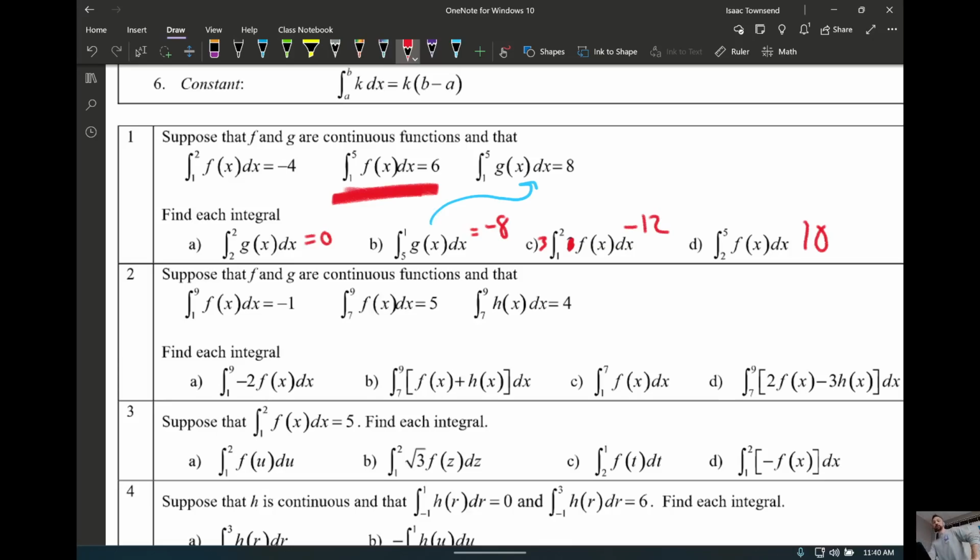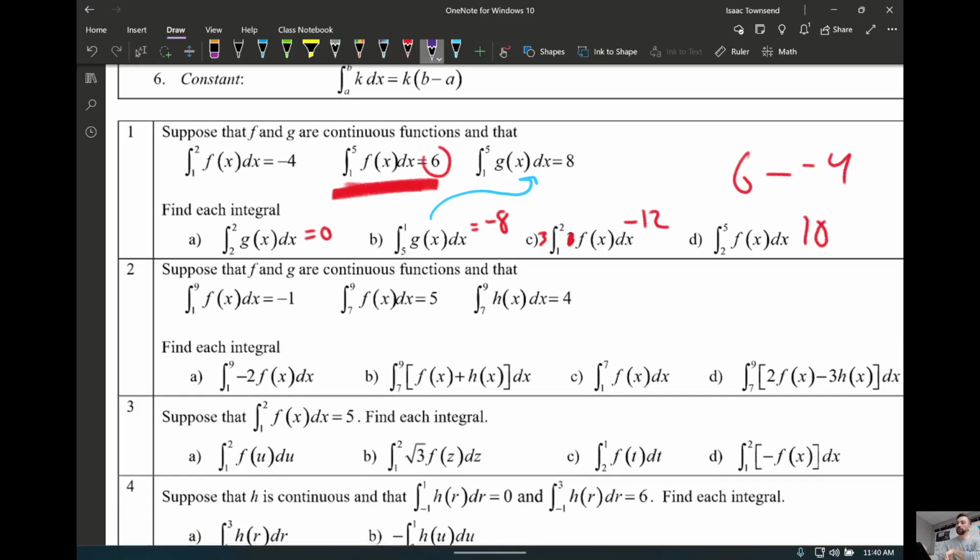If you know how much area there is from 1 to 5, and you know how much there is from 1 to 2, you could take out how much area there was from 1 to 2 from how much area there is from 1 to 5, and then you're left with how much area there is from 2 to 5. So it was like 6, this one, take away that one. That's where the 10 came from. Okay, so just a quick explanation over all of those. Any of those you want to talk about a little bit more in detail?